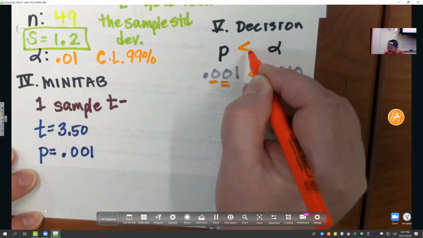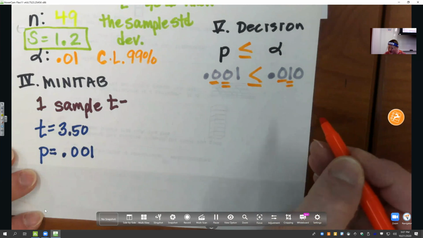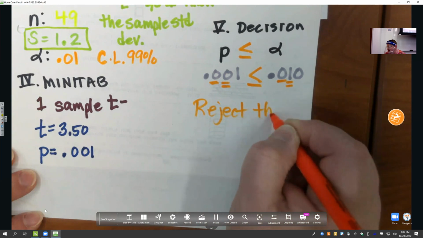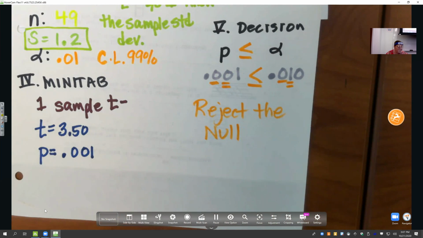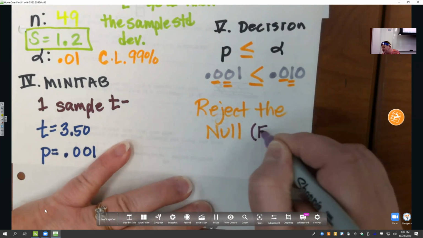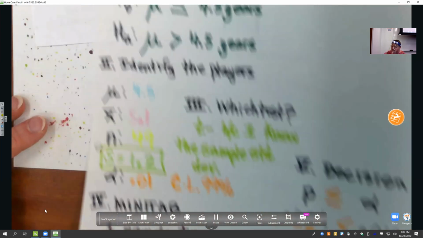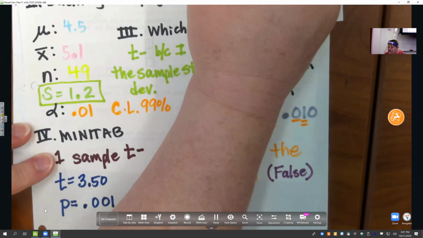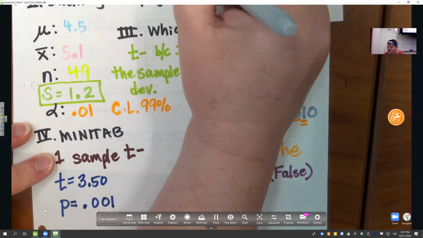So P is less than or equal to alpha. If P is less than or equal to alpha, we reject the null. If we reject the null, which we have initially assumed to be true, that means that my null is now false. So in this case, my null is false, which by default then means that my alternative is true.